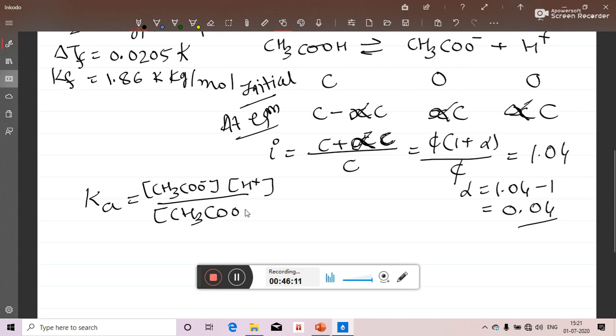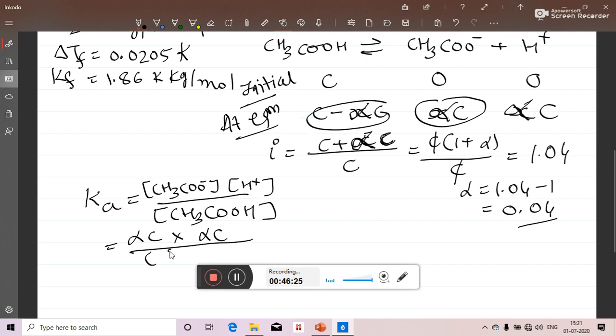So acetate ion at equilibrium is alpha C, the concentration of H plus is also alpha C, upon the concentration of acetic acid, which is C minus alpha C. So this will be equal to alpha square C square upon C into 1 minus alpha, where C is common. Now one C will be cancelled, so we are remaining with alpha square C upon 1 minus alpha.